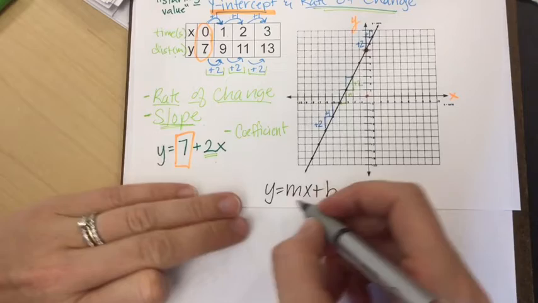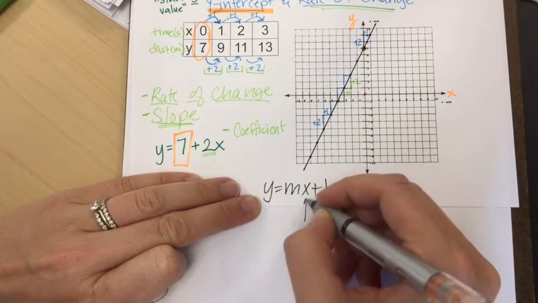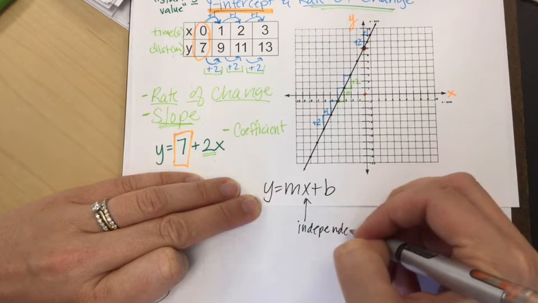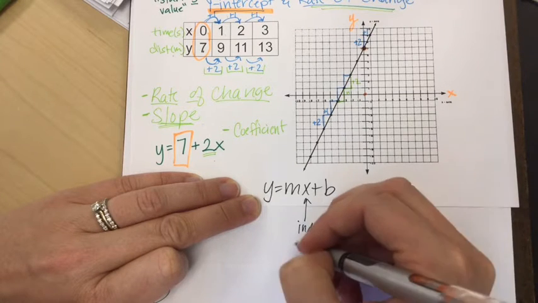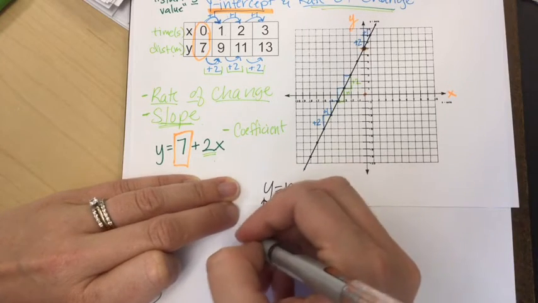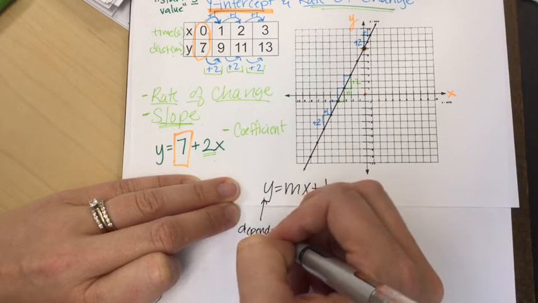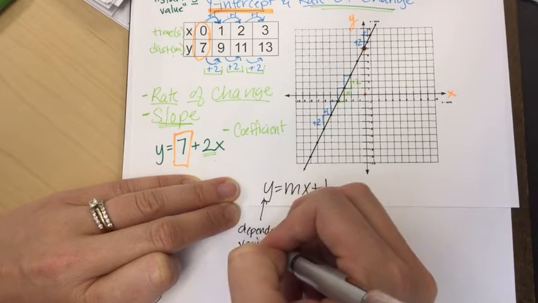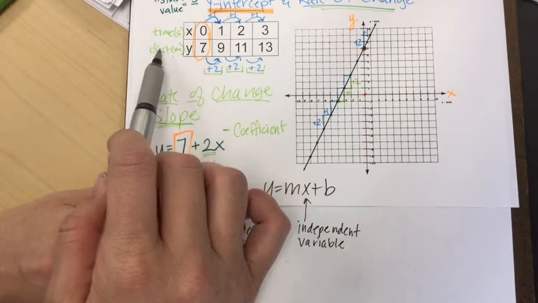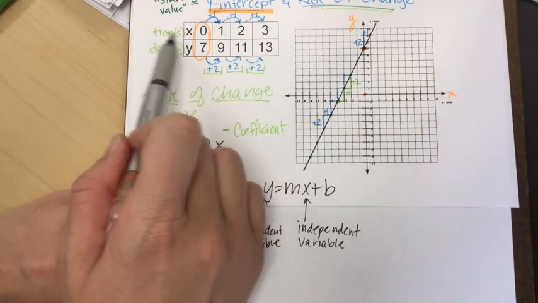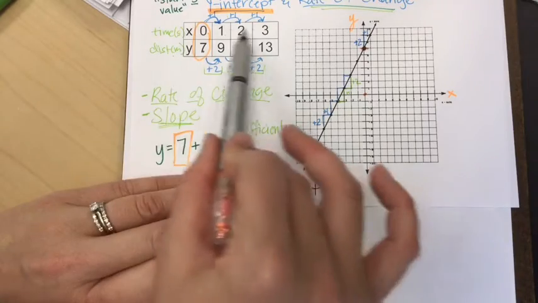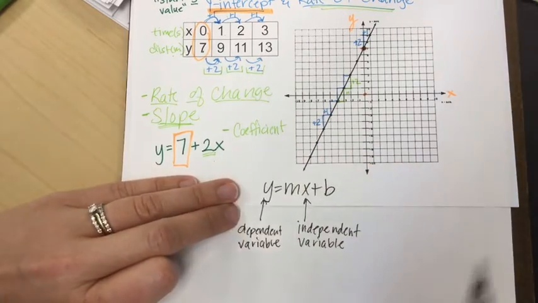We already know that x is our independent variable, and y is our dependent variable. So we'll get an outcome of y, in this case distance, based on whatever our independent variable is, in this case time. So based on how much time someone walked, that's the distance they'll be.